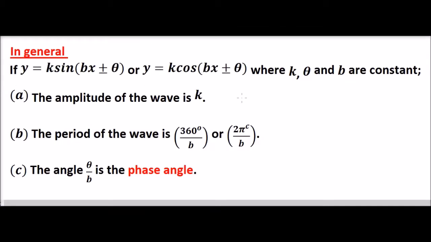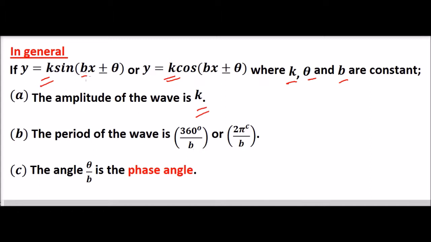We can put our formula in general and say if y = k sin (bx ± theta), or y = k cos (bx ± theta), where k, theta and b are constants, then the amplitude of the wave is k. This is our k here, and this is our k. That is the amplitude. The period of the wave is 360 degrees divided by b.